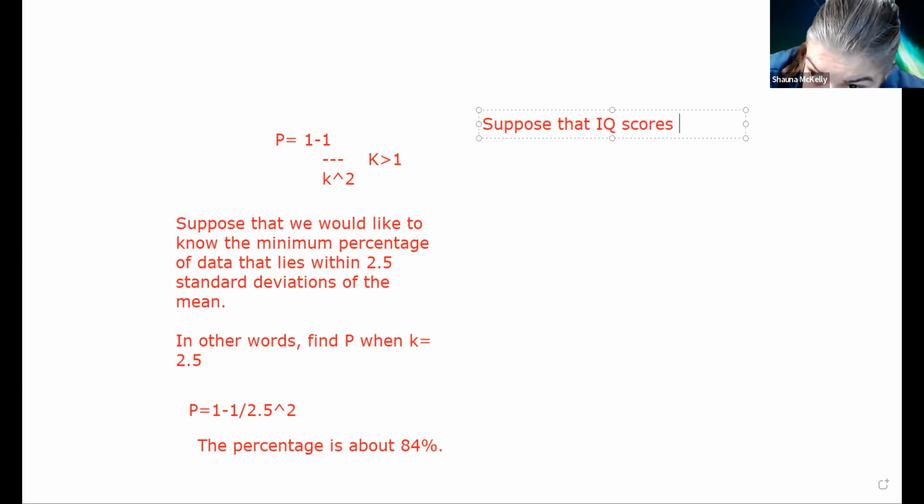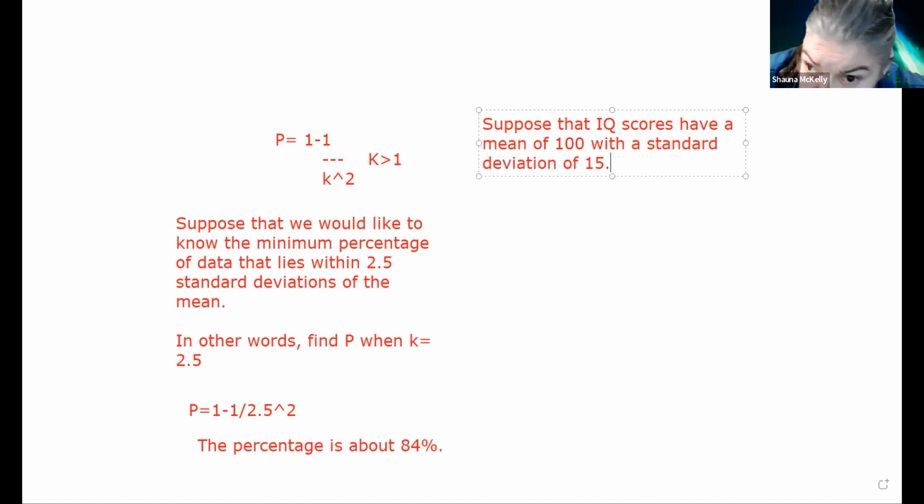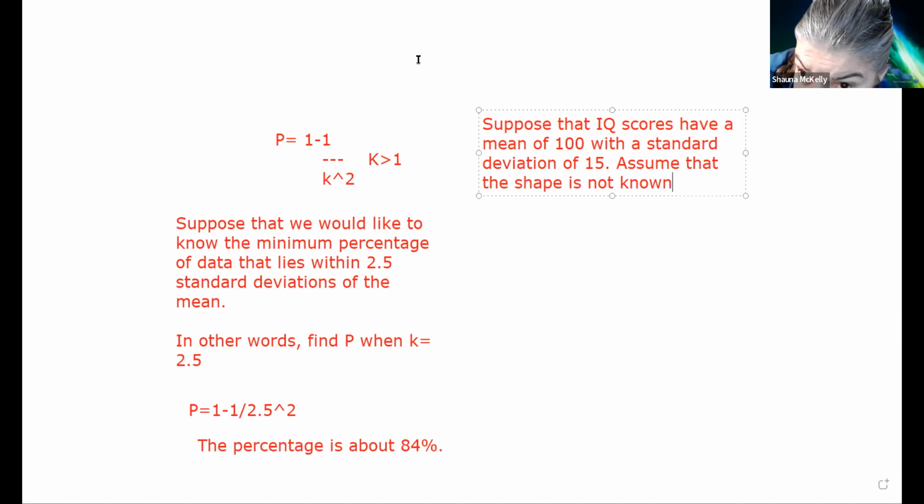IQ scores have a mean of 100 with a standard deviation of 15. And for the sake of this problem, assume that the shape of the distribution is not known. All right.